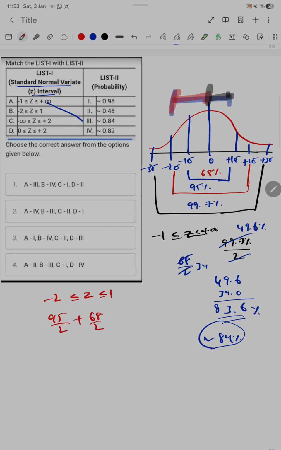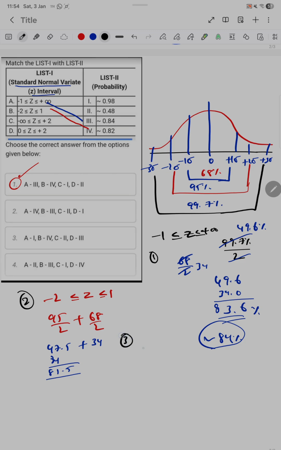So 95 divided by 2 is 47.5, plus 68 divided by 2 is 34, so 81.5, which will give you option 2. So A3B4 is obviously number 1, so we will verify C and D also, okay?